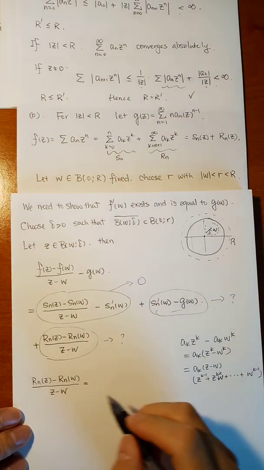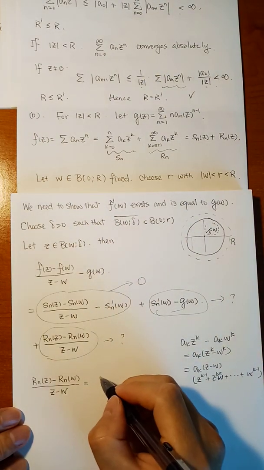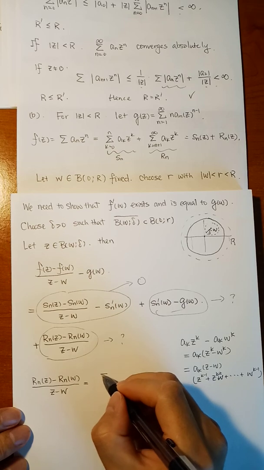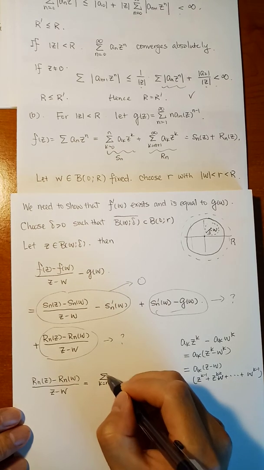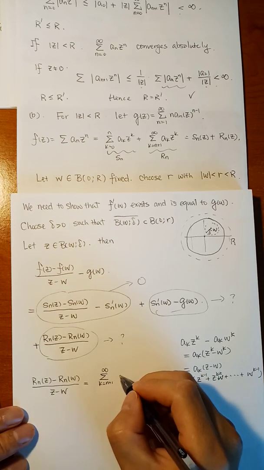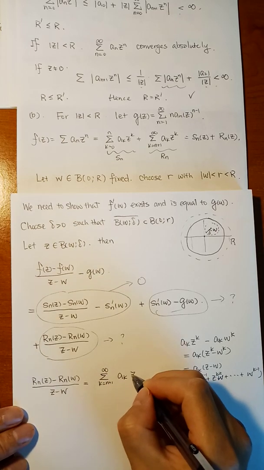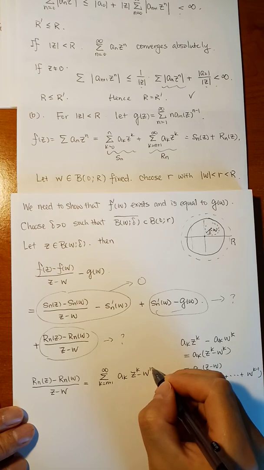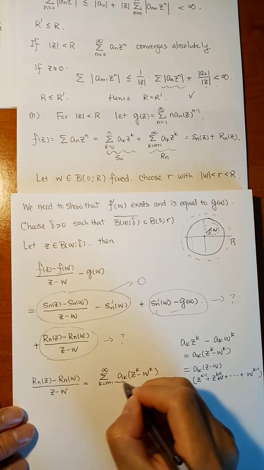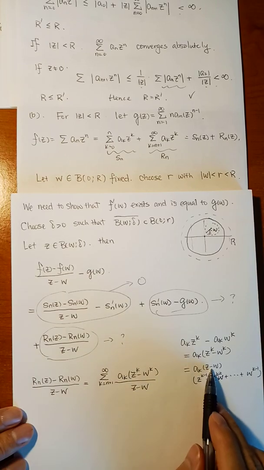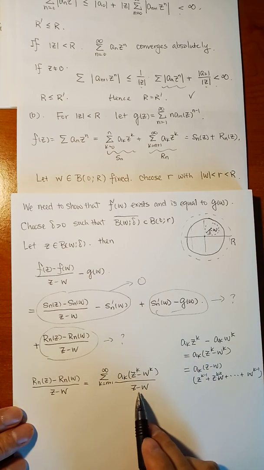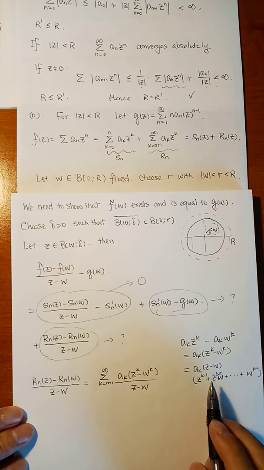Okay, so let's see. So it is a sum over k from n plus 1 to infinity of ak times z^k minus w^k over z minus w. And after we factor it, you see here, this z minus w from the numerator and the denominator cancelled.